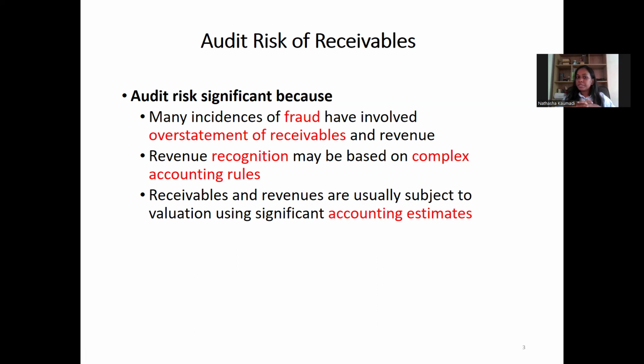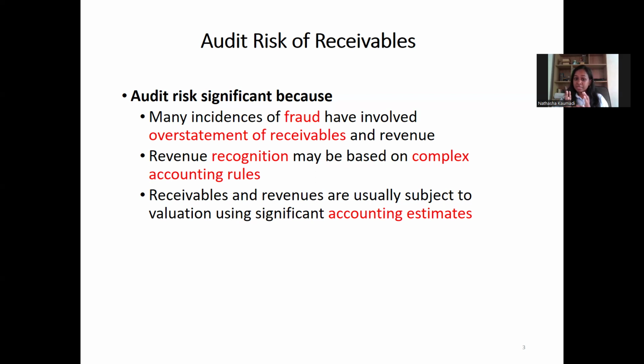Construction companies prepare invoices based on the percentage of completion. Let's say it's a big construction project, but there are different stages or phases. They give us invoices based on the percentage of completion. That percentage of completion, we can't exactly say. It's all about judgments and estimates.